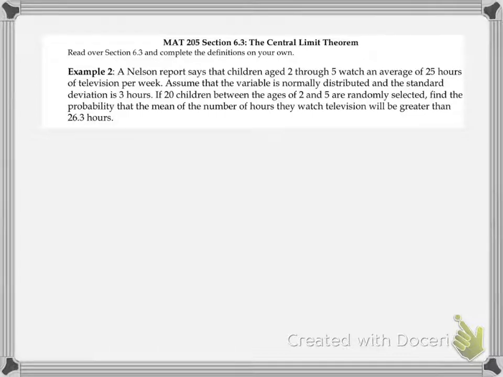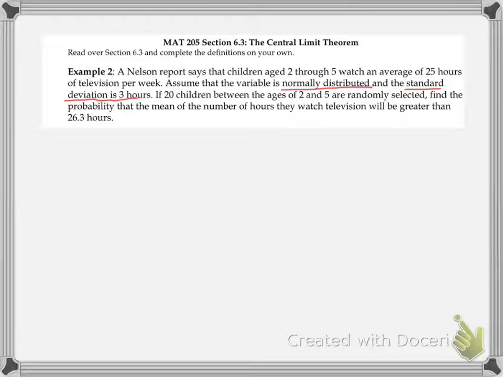So let's look at this example. A Nelson report says that children ages 2 through 5 watch an average of 25 hours of television per week. Assume that the variable is normally distributed, and the standard deviation is 3 hours.